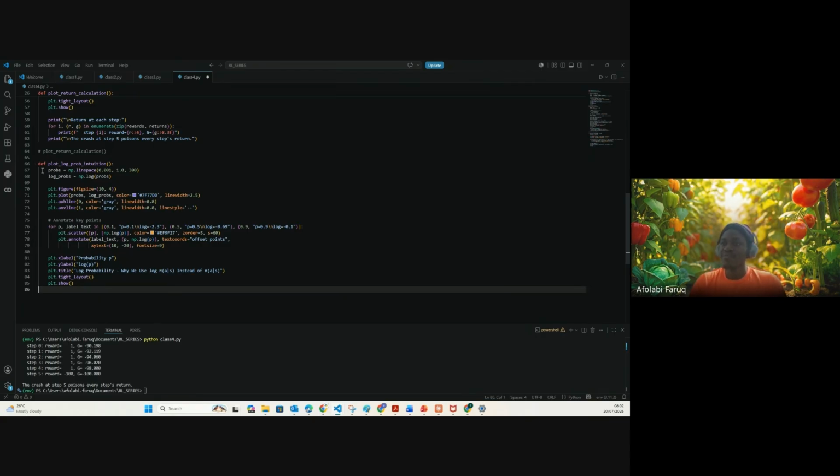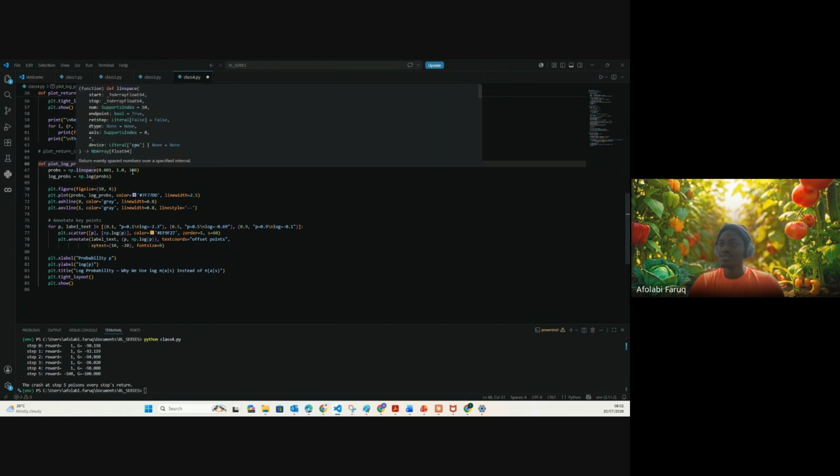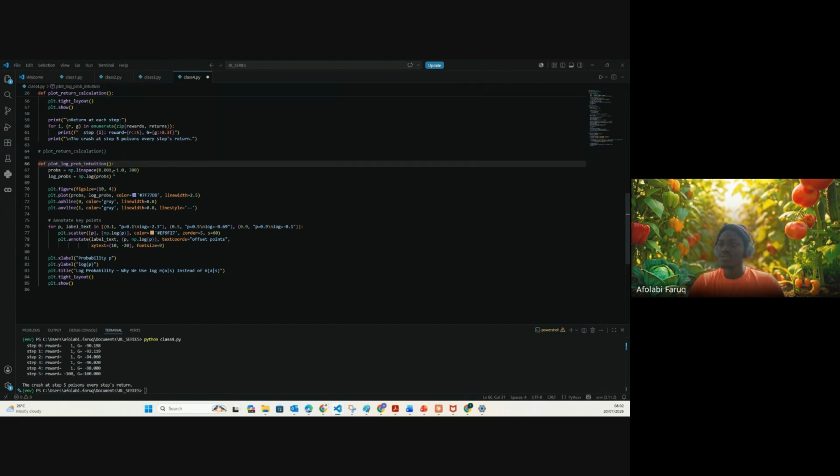So here we have a number of equally spaced numbers, with linspace, okay, from 0 to 1 with 0.01 difference. Then also, we're able to calculate the log probability of these numbers, right? Now we are going to plot a graph of probs against log probs.